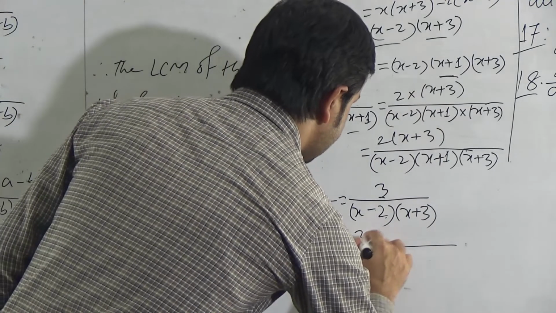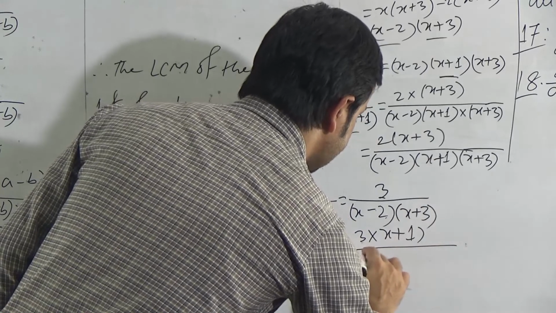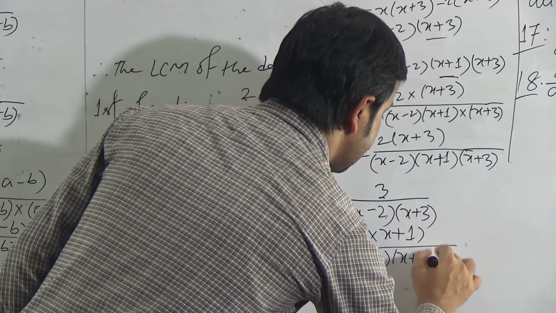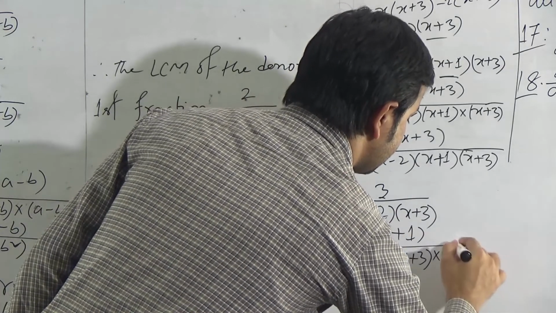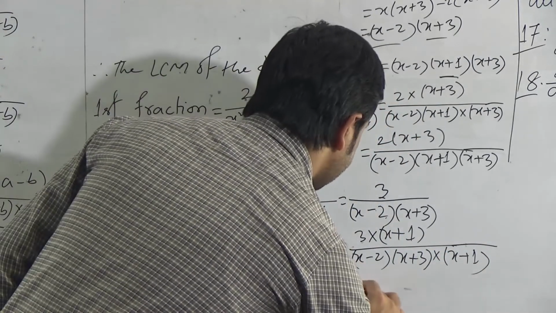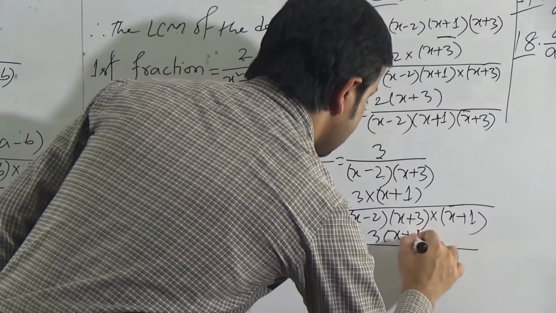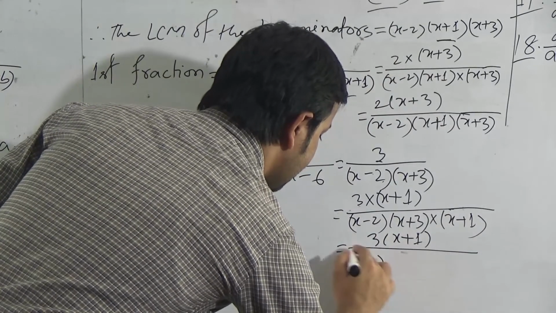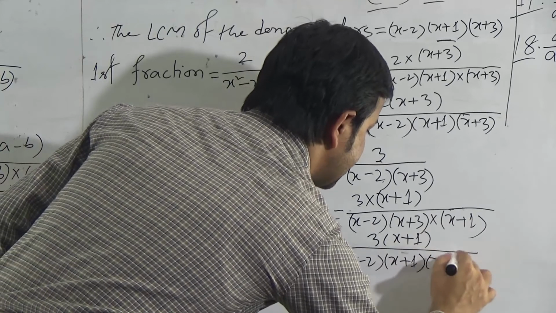So we have to write 3 into x plus 1, and here we have to write x minus 2 into x plus 3 into x plus 1. Dear students, now if we multiply, we will get here 3 into x plus 1, and here we will get x minus 2 into x plus 1 into x plus 3.